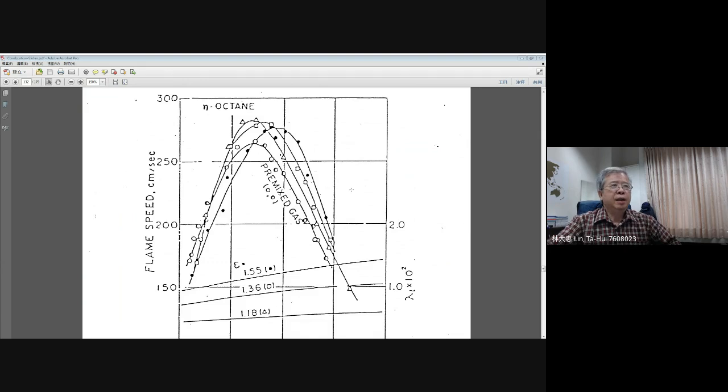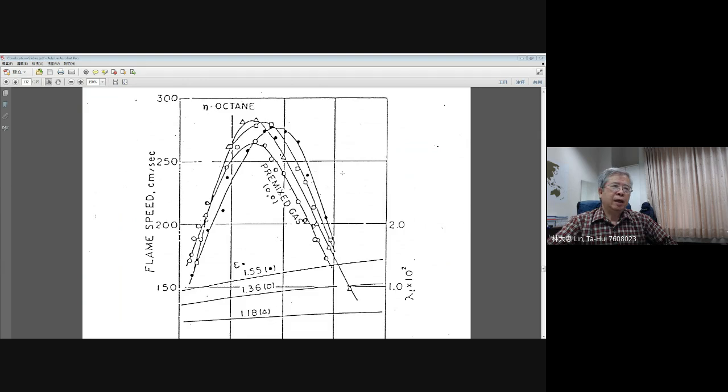And you can see the maximum flame speed actually reduced a little bit, but it is higher than the maximum flame speed for the previous flame. Looking at the whole structure, the flame speed variation with the liquid fuel loading is quite similar to that predicted by the asymptotic theory.